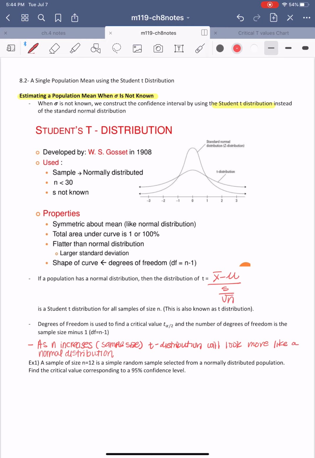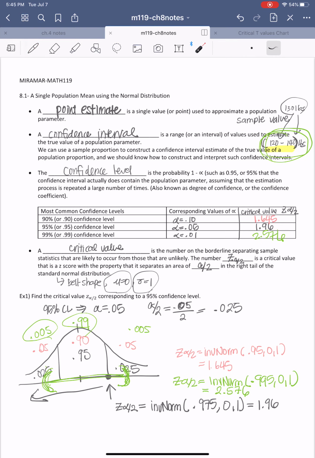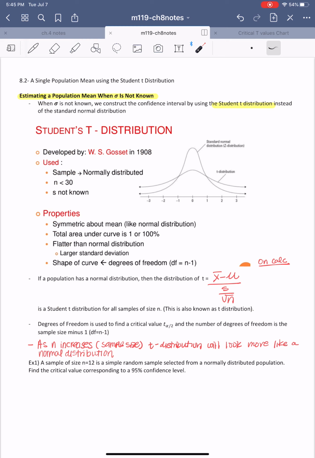You also have a calculator function you can use to calculate this. On the calculator, we use inverse norm to calculate the critical z value, right? The name follows the same pattern. It's called inverse t.